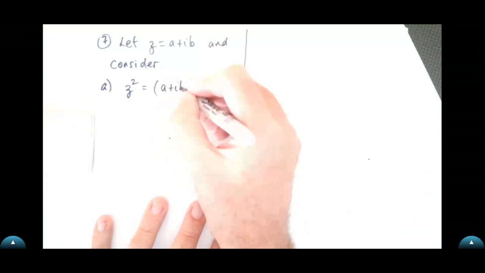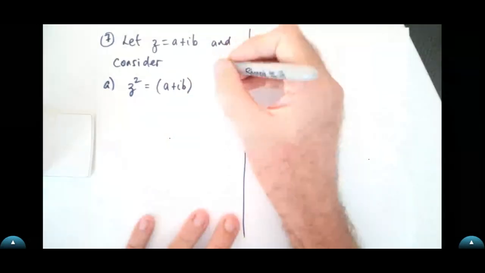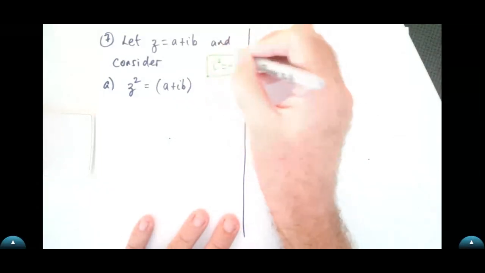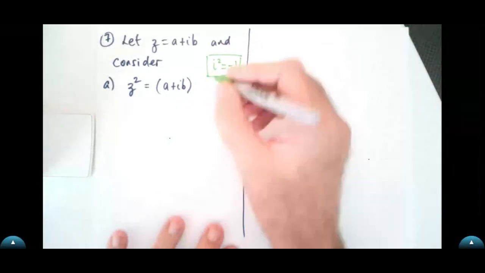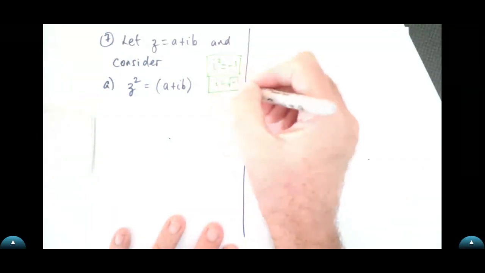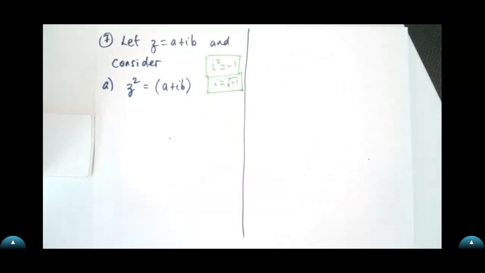Let's expand this. And the most important thing that you can really note with these sorts of things is these two expressions here. Okay, so yeah, so now you're on it.